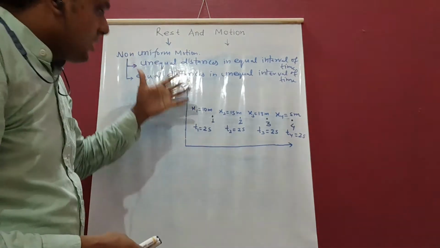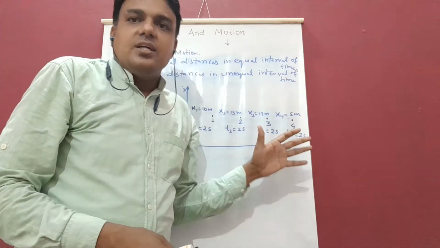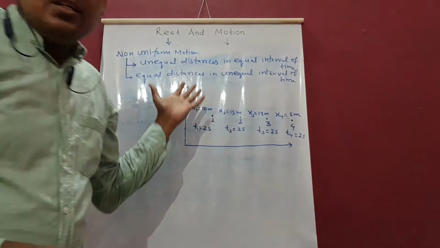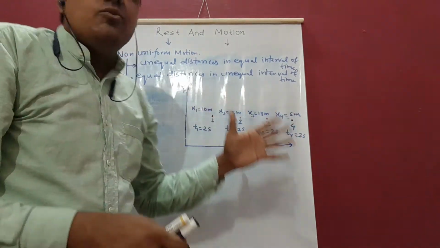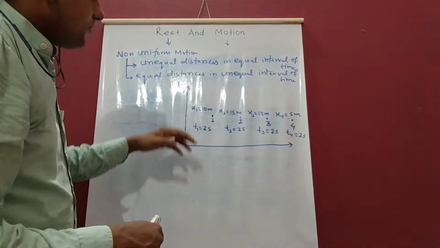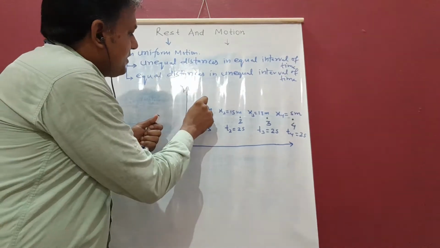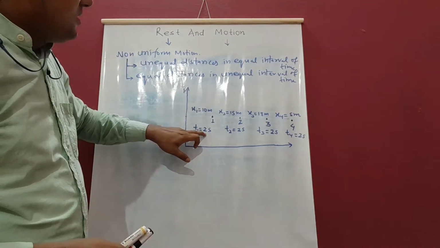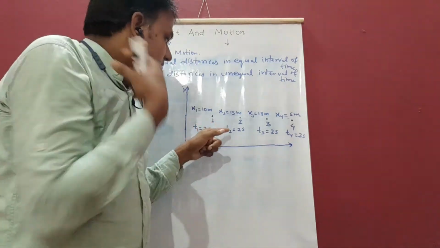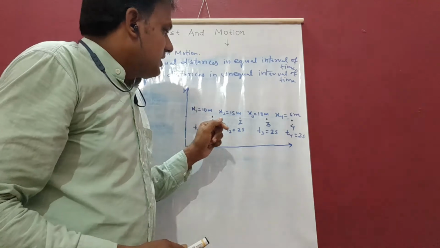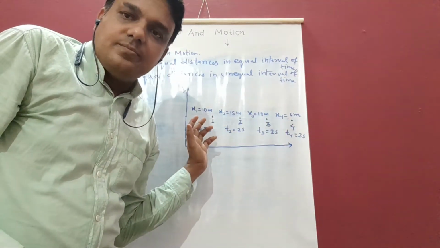Here x1 is 10 meter, x2 is 15, x3 is 18 and x4 is 5 meter. These numerical values I have chosen randomly. Here the time required to travel the distance of 10 meter is 2 seconds, and the time required to travel 15 meter is 2 seconds. In all the cases the time is the same.